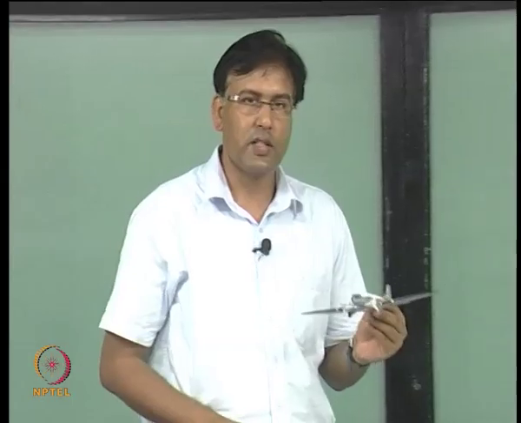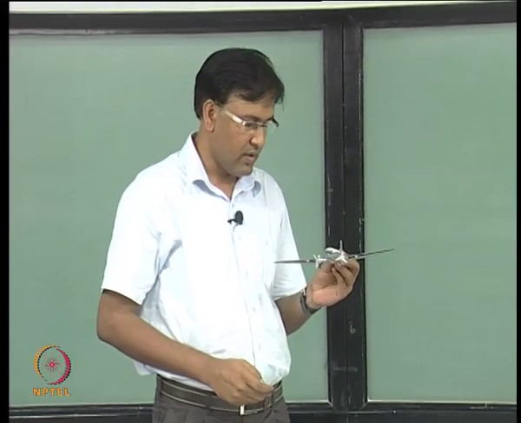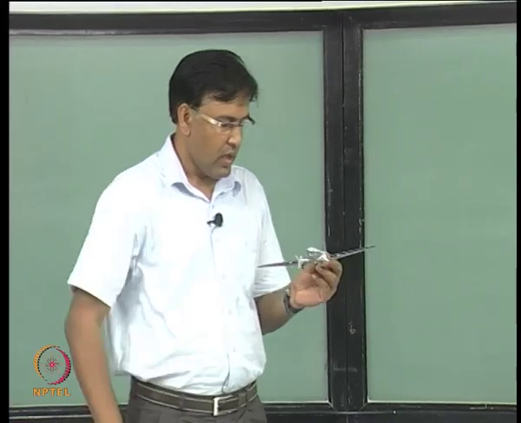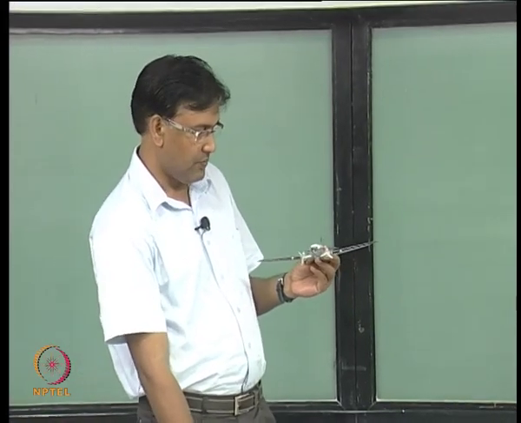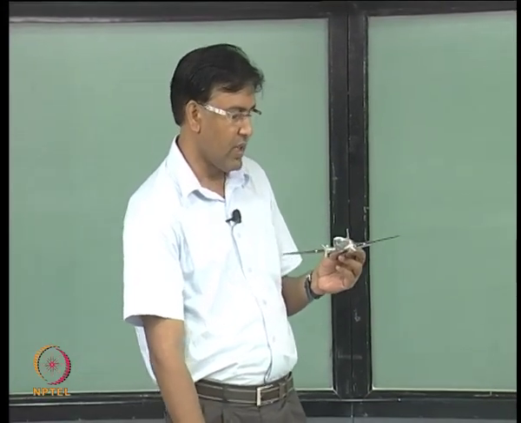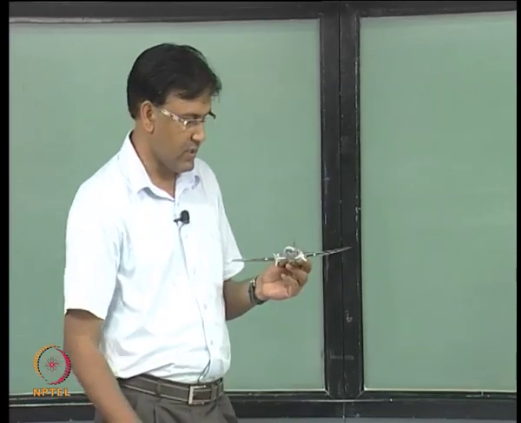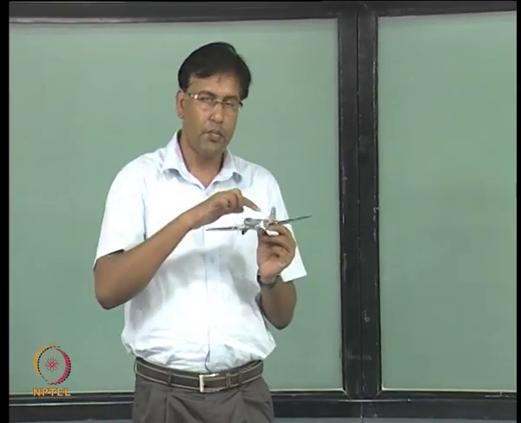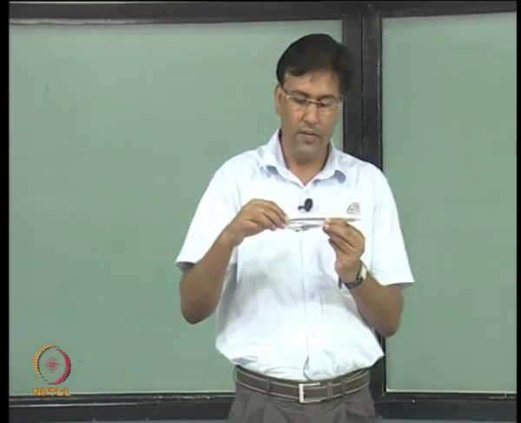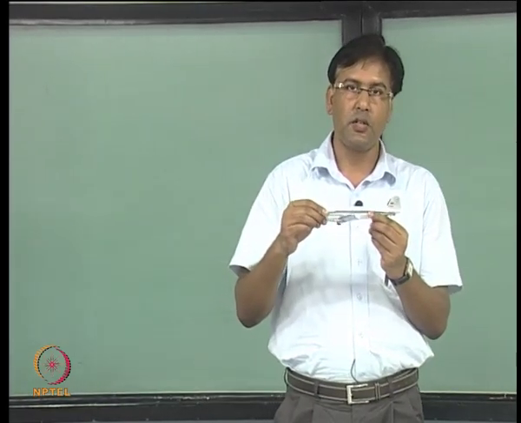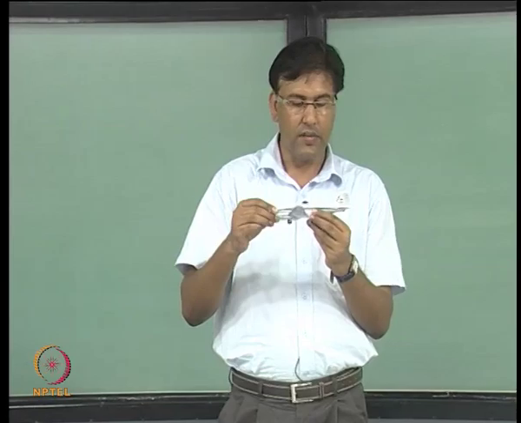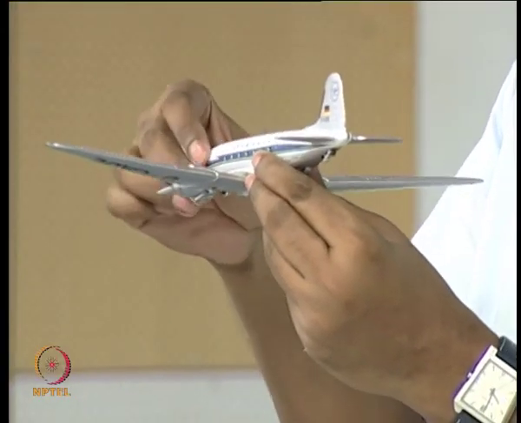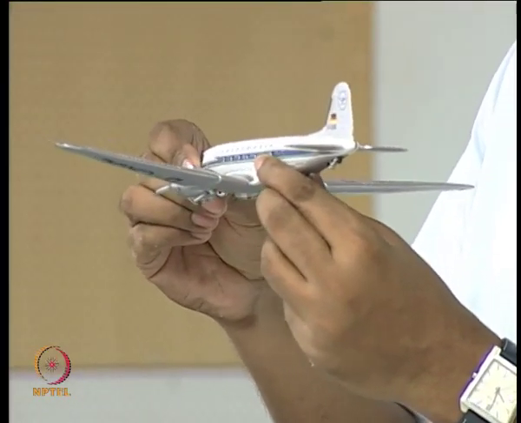So, this is just one of the aircraft models, and let us try to understand the nomenclature that we discussed yesterday. This part of the aircraft which is used to carry the passengers and the freight is called fuselage.